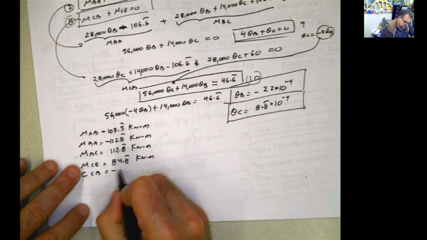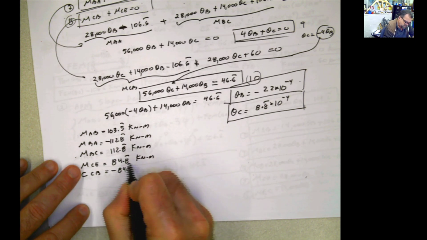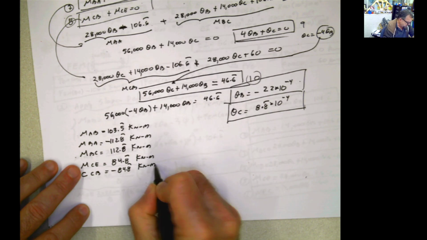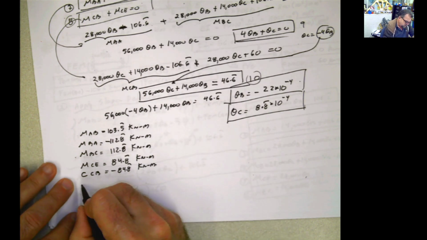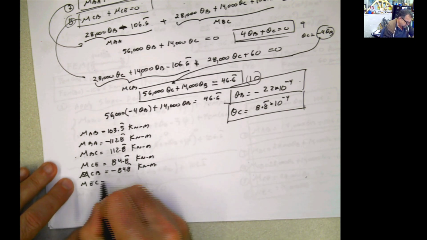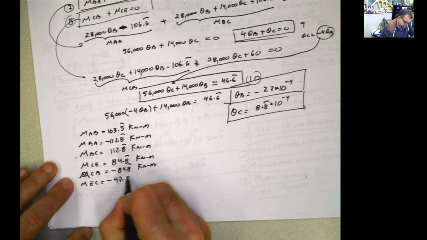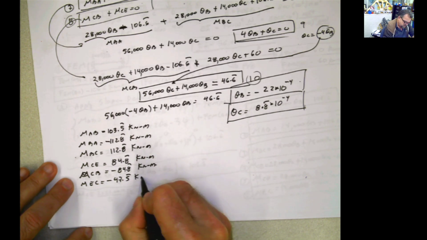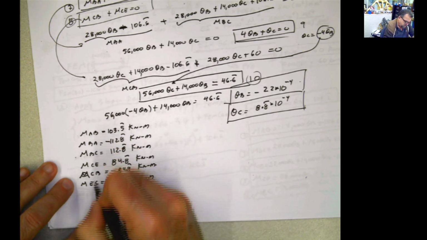So this is negative 84.8, and MEC is the last one over there, so MEC is negative 47.5 kilonewton meter. 1, 2, 3, 4, 5, 6.